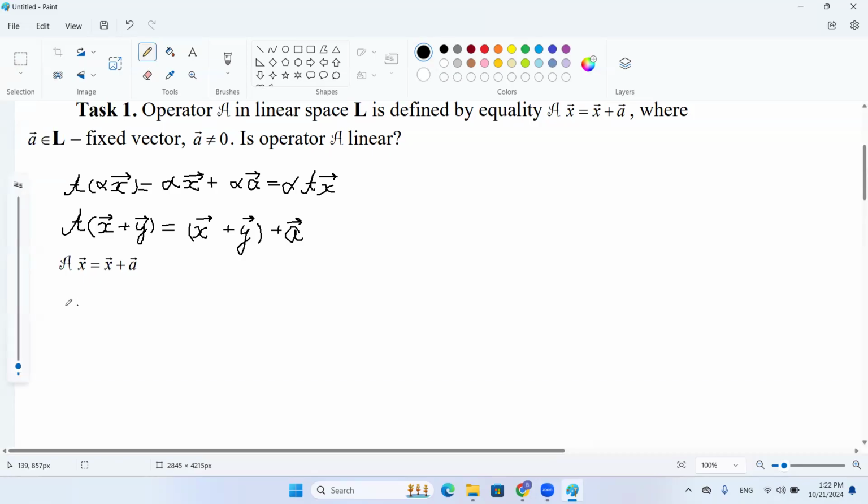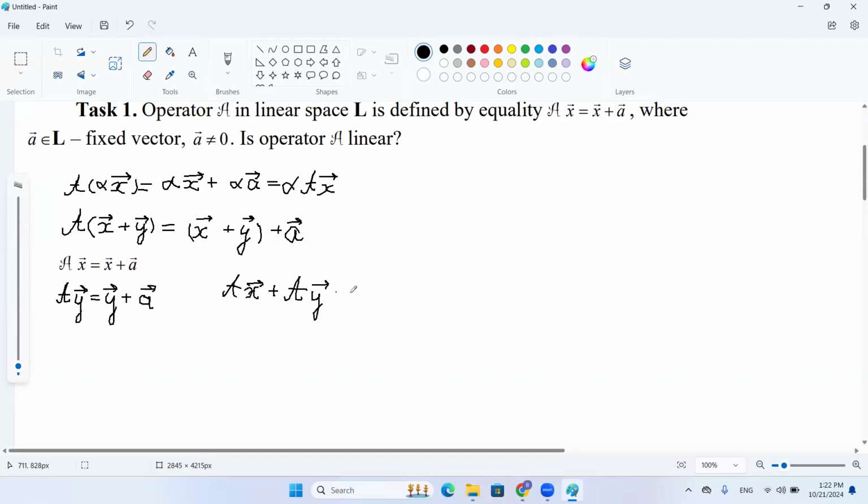And for y, it is actually the same form, we just replace x with y. Now let's add these results.